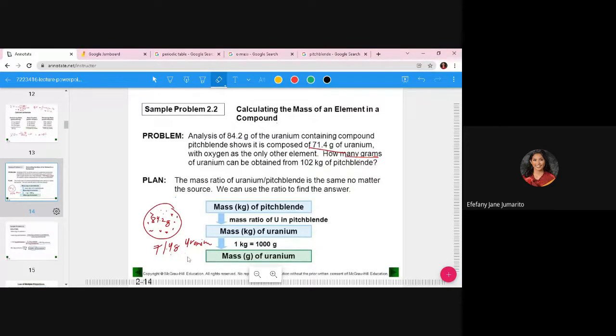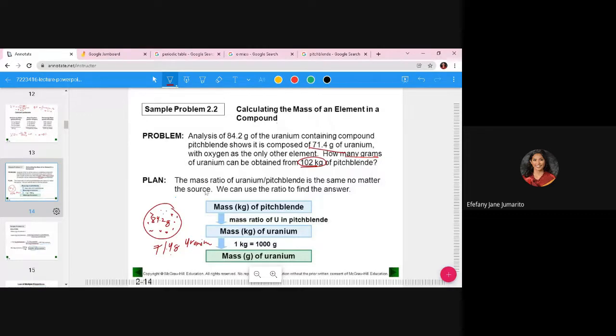And then, also, it has 12.8 grams of oxygen. So, muna yung composition no, in grams. Now, yung question, how many grams of uranium can be obtained from 102 kilograms of pitch blend? In every 84.2 grams na kay 71.4 grams. Now, if in every 102 kilograms na pila man imuhang uranium.